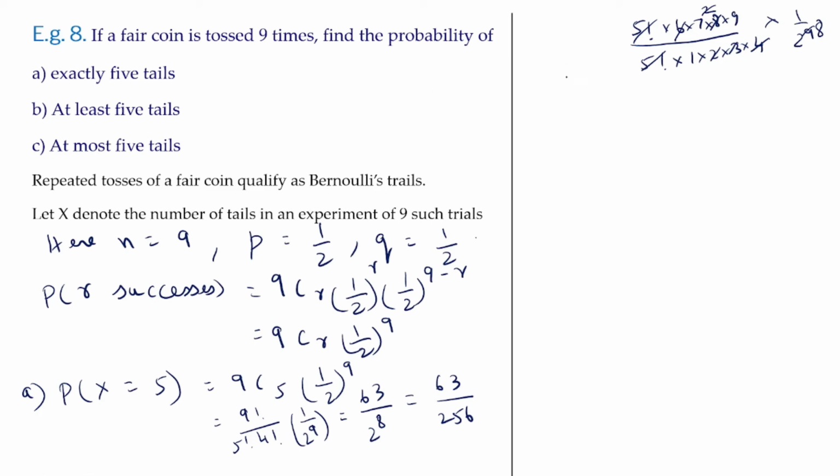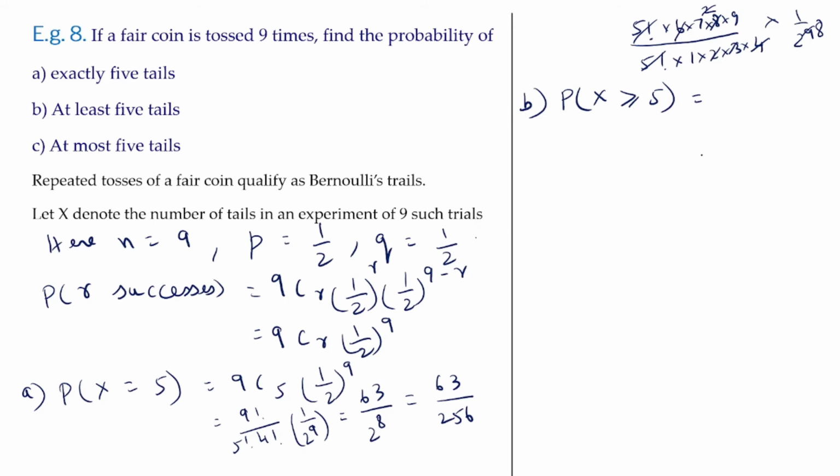Now coming to the next subdivision. B subdivision, probability of at least 5 tails. At least 5 tails means x greater than or equal to 5, it will be probability of x is equal to 5, 6, 7, 8 and 9.